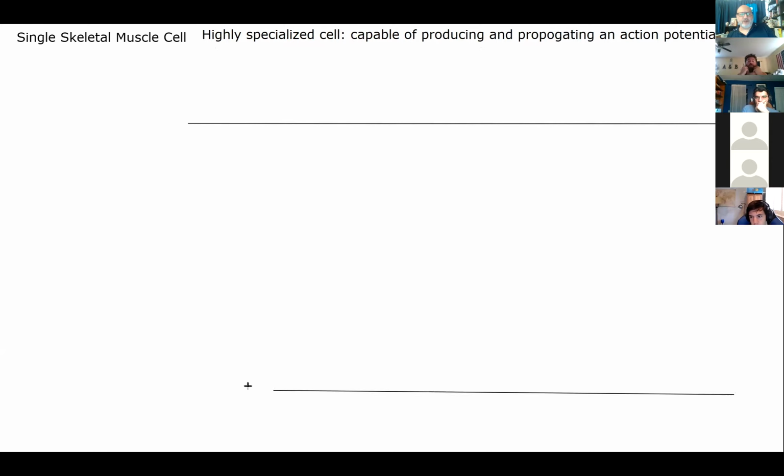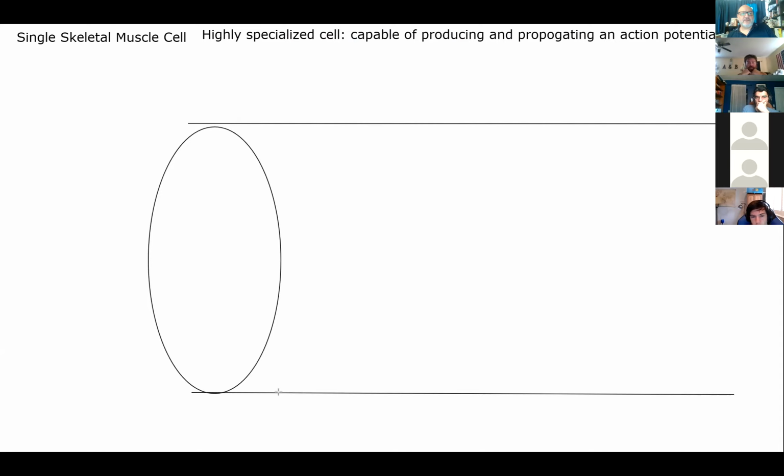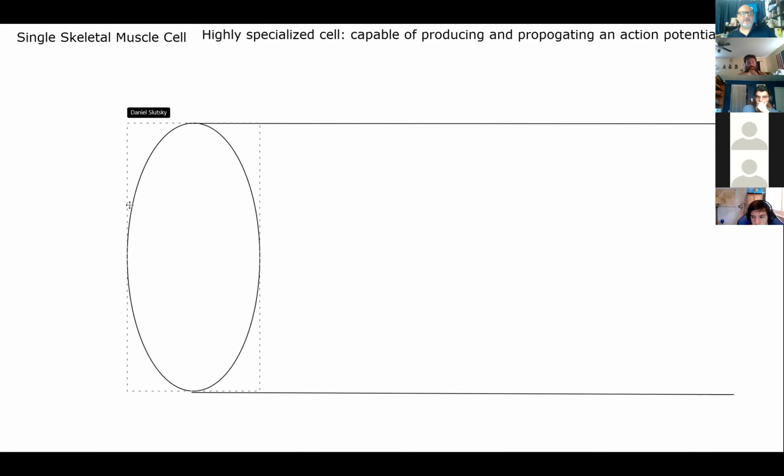So let's look at a part of one of them here. And let's go ahead and put a nice big circle here. There we go. Close enough. Excellent. So here is our cell.